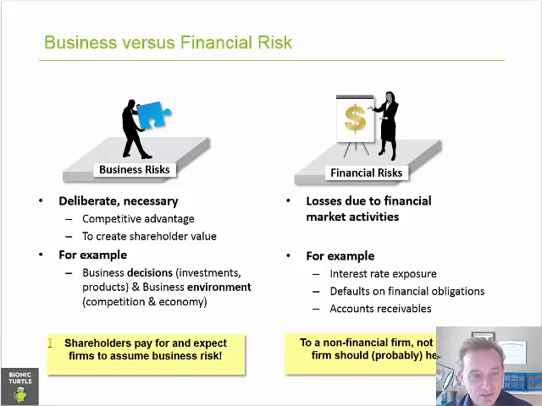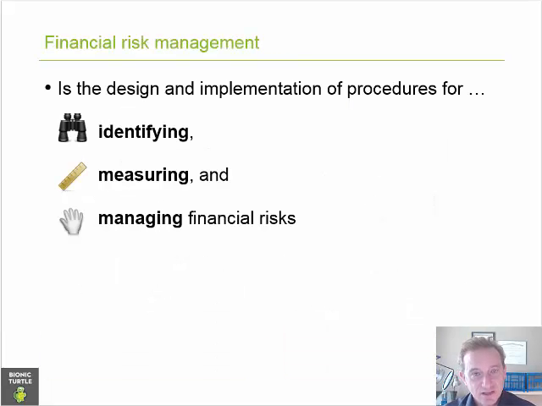So we think about that a lot. Financial risk management, then, broadly, is the design and implementation of procedures for identifying, measuring, and managing the financial risks. I'm sure there's a lot behind each of these, but in a way, it's that simple.